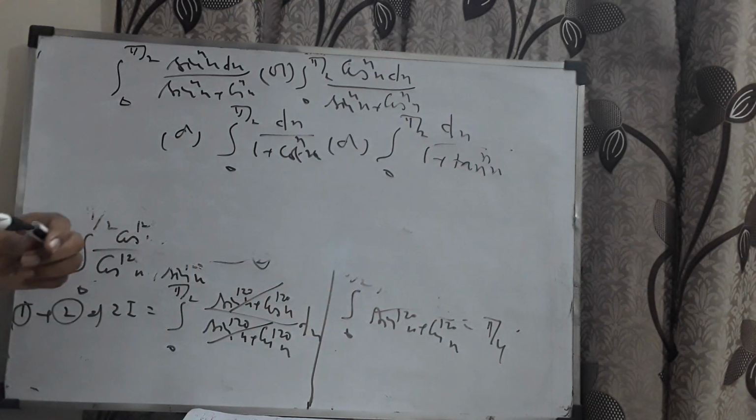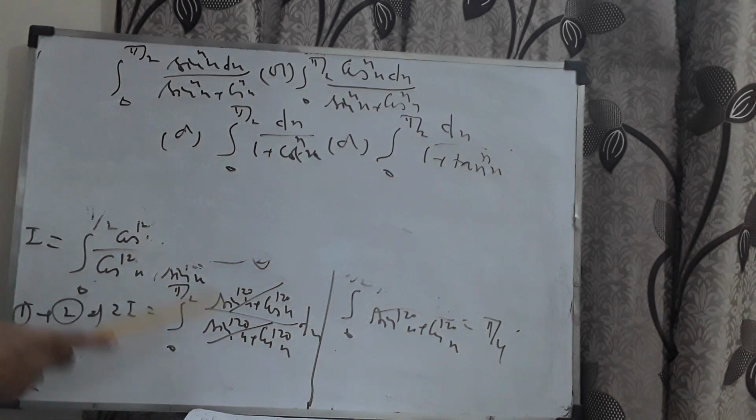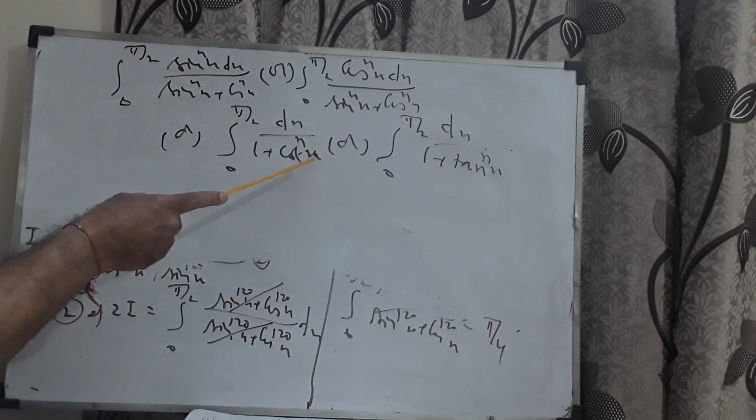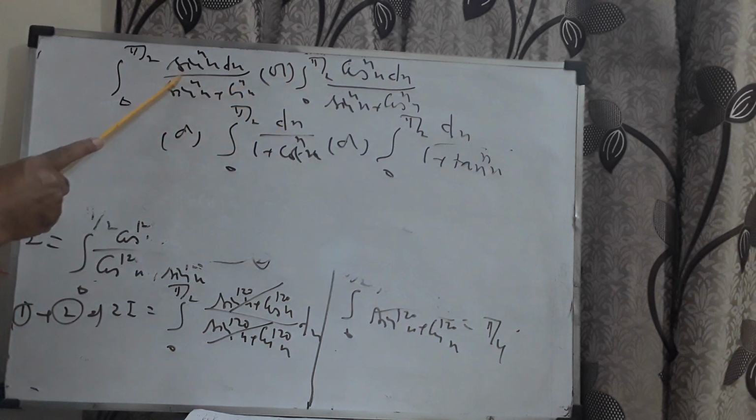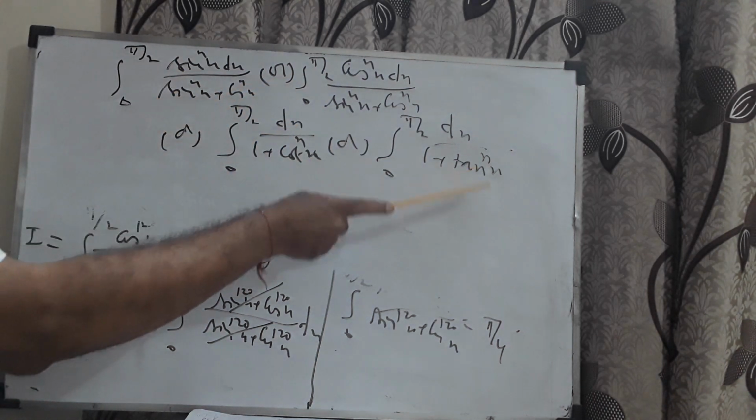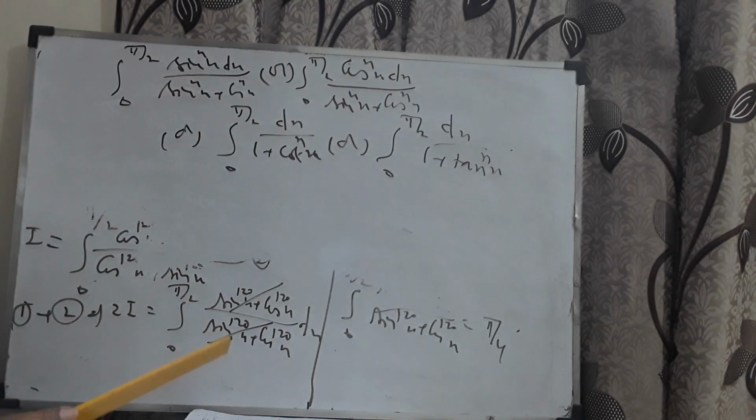In all the 4 possibilities, applying the rule integral 0 to a f of x dx equals integral 0 to a f of a minus x dx, I'll get the answer as pi by 4. N can take infinitely many real values. Here apply cos by sine, it comes under this possibility. Right, this is sine by cos, it comes under this possibility.